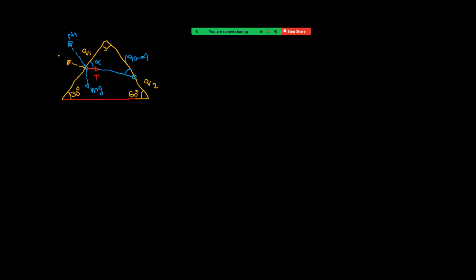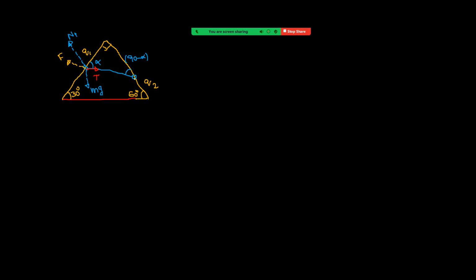Take it as F, the repulsive force. So we have taken the FBD for the bead: normal reaction normal to the wire frame, tension along the string length, repulsive force along the line joining the charges, that is F, and mg downwards.